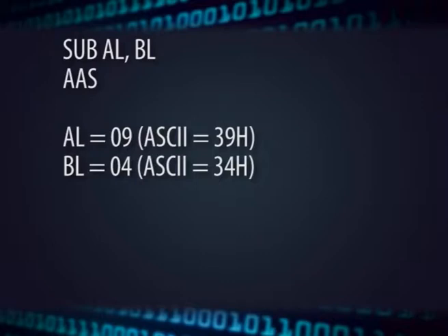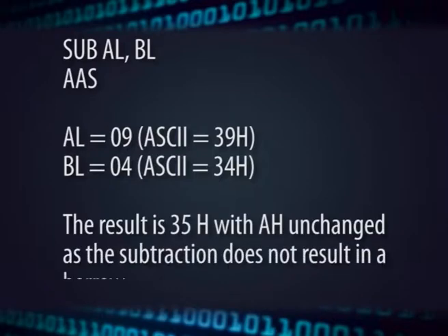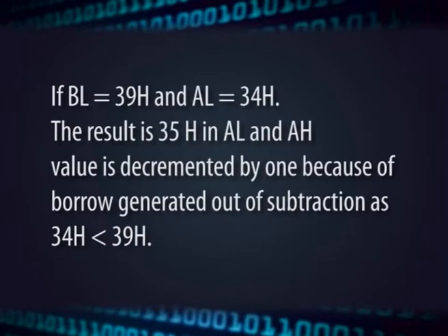After the execution of the SUB and AAS instructions, the result is 35 hex with AH unchanged, as the subtraction does not result in a borrow. In case BL contains 39H and AL contains 34H, the result is 35 hex in AL and the AH value is decremented by 1 because of the borrow generated out of the subtraction, as 34 hex is less than 39 hex.